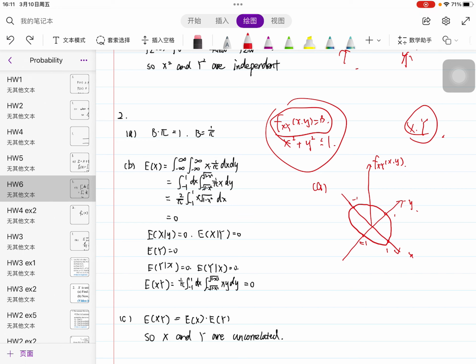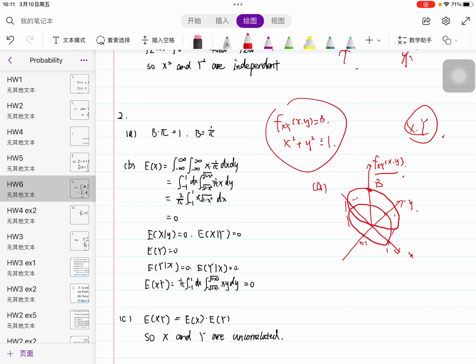So the figure of this joint density function is like a cylinder with the bottom of a circle, and its radius is equal to 1, and its height is equal to b.